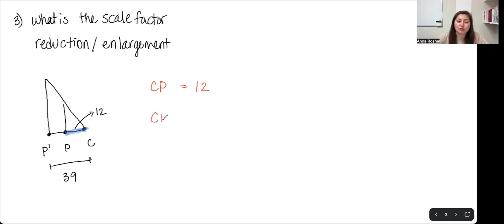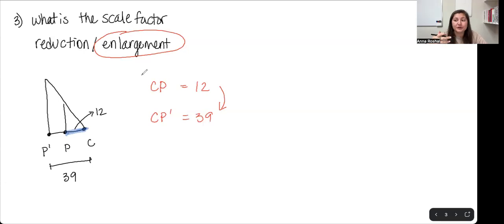And then my new one, C to P prime, is going to be 39. Now, I know I'm increasing going from 12 to 39. I'm getting larger. So this is going to be an enlargement.